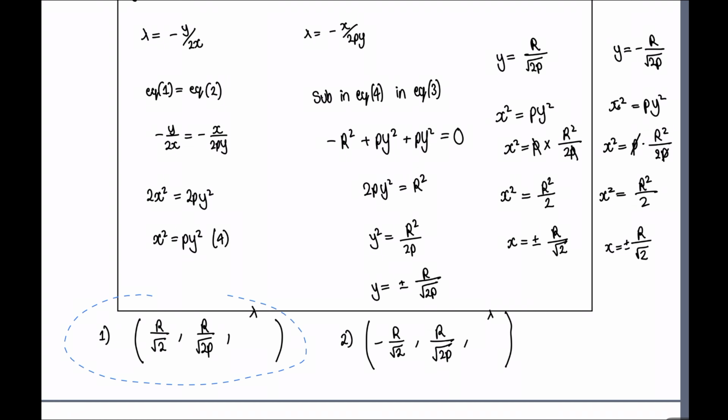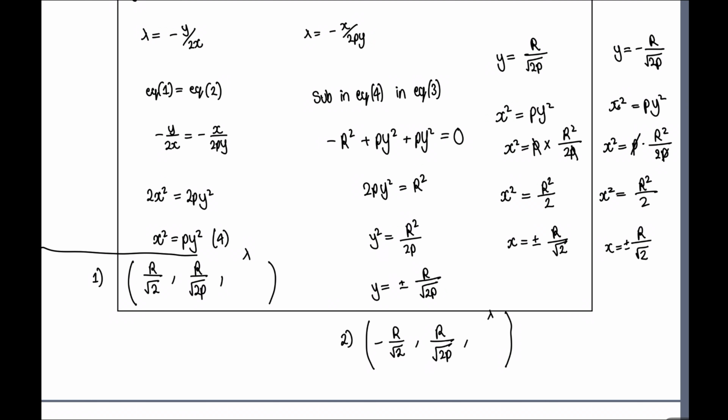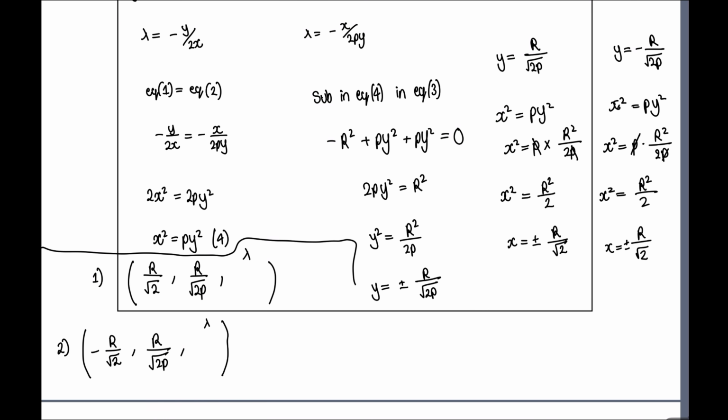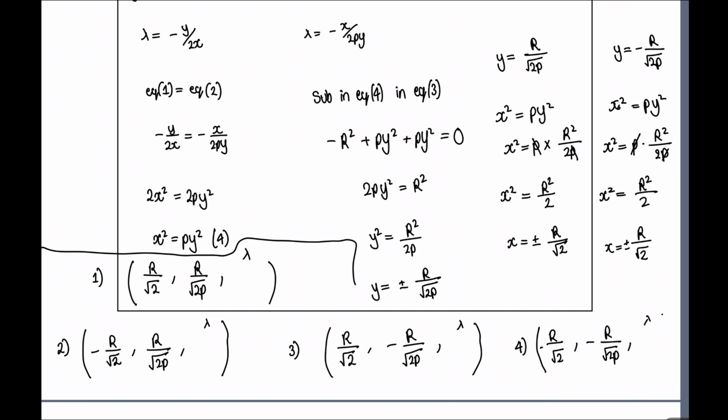So if I just move these over and have solution number 3, we have r over root 2, minus r over root 2p, and then lambda, and then solution 4, minus r over root 2 comma minus r over root 2p, and then some value of lambda, which we will work out. So we have 4 solutions for our first order conditions.